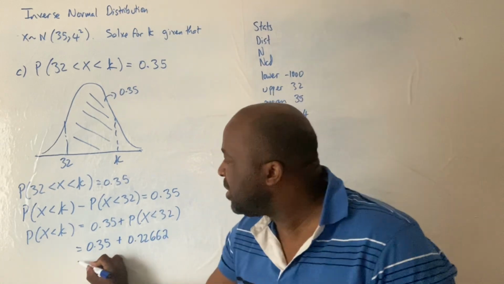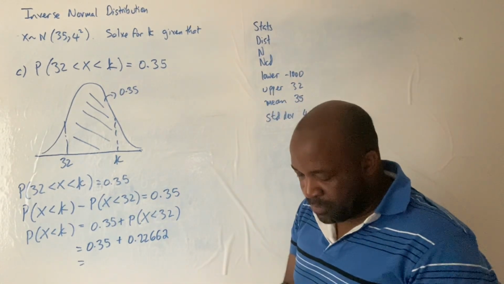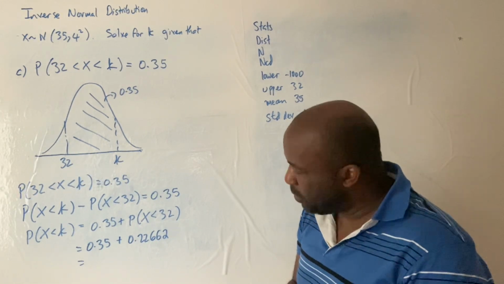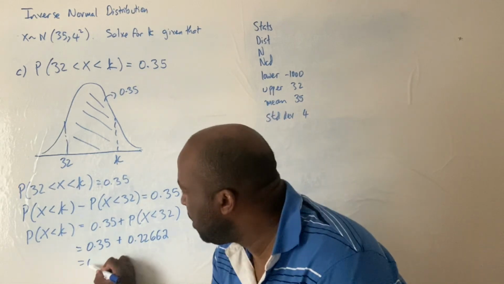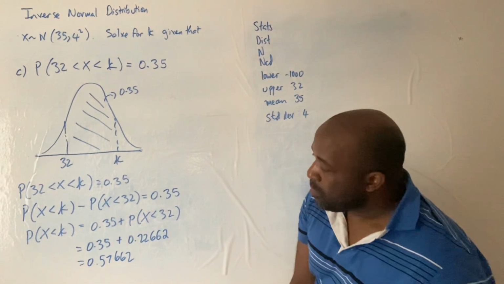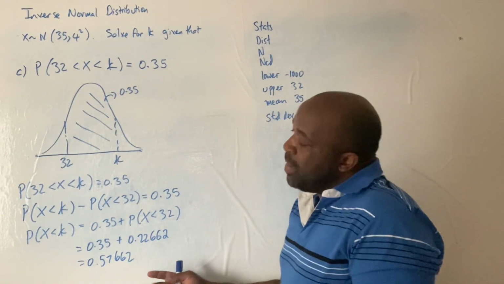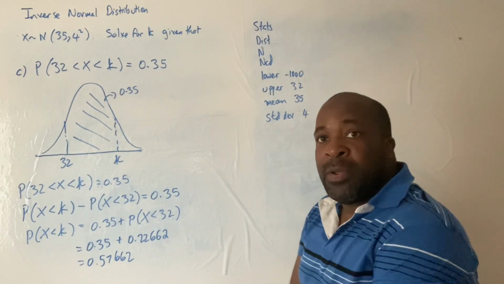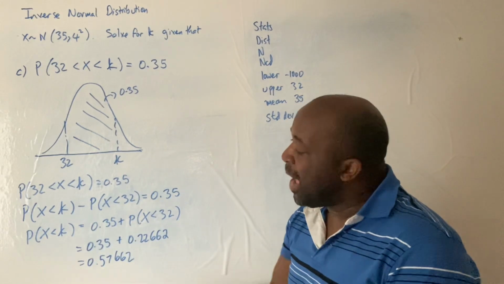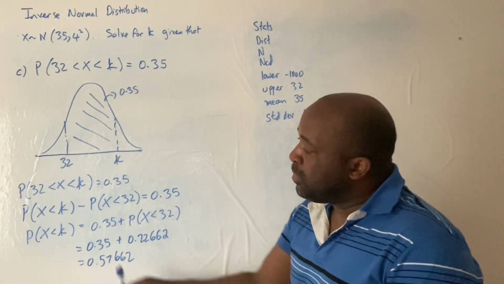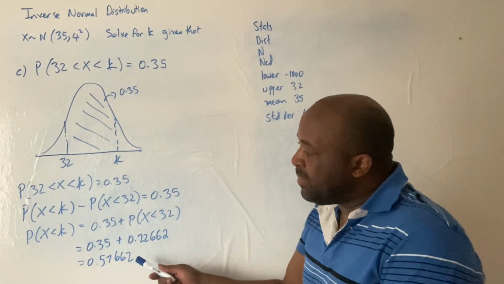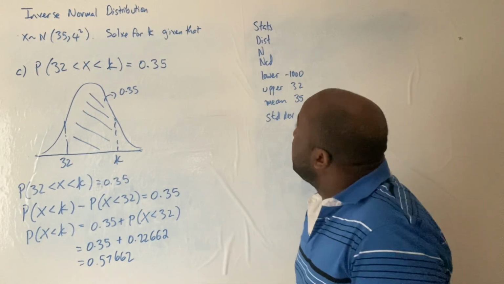0.22662 for that bit. And when I simplify that, 0.35 plus 0.22662 gives me 0.57662. So now I can deploy the technique that was previously introduced, where I use a calculator again and use the inverse normal to solve for the k value, the unknown x value, that's associated with that probability.